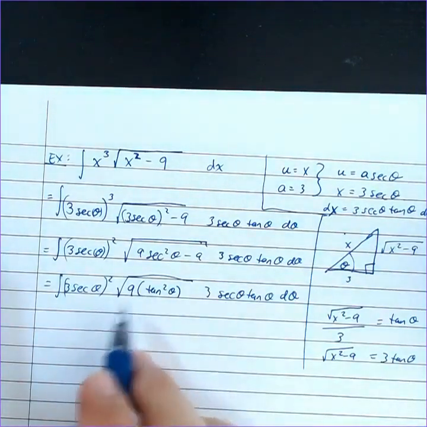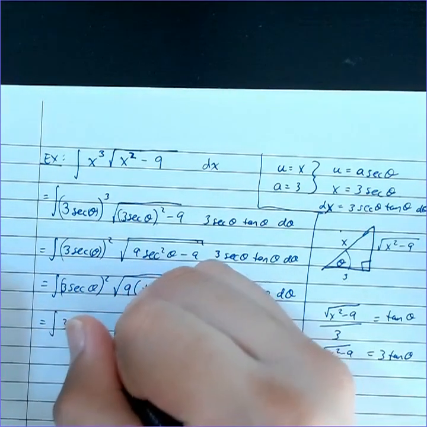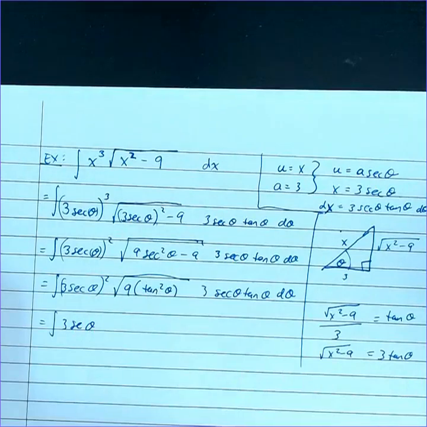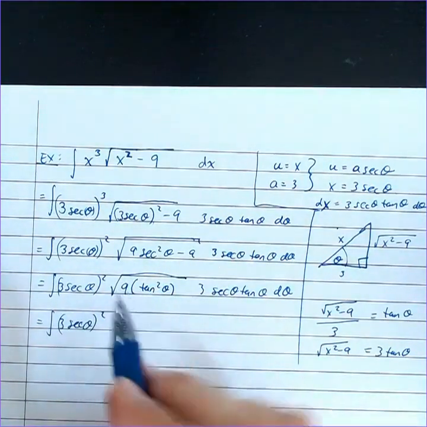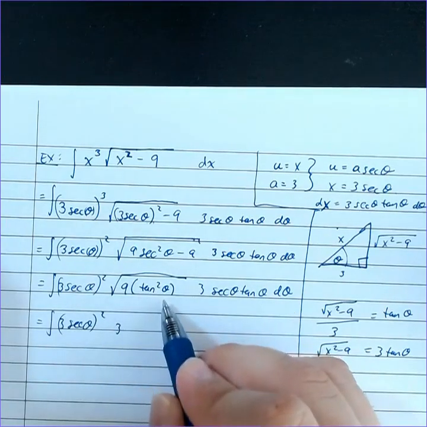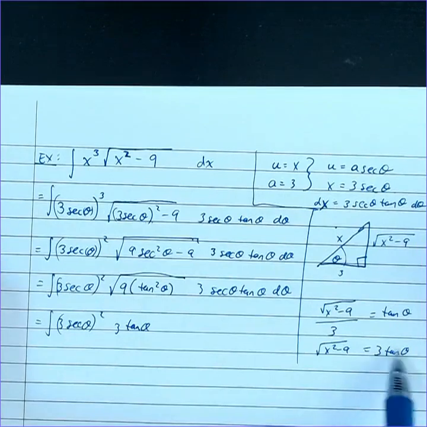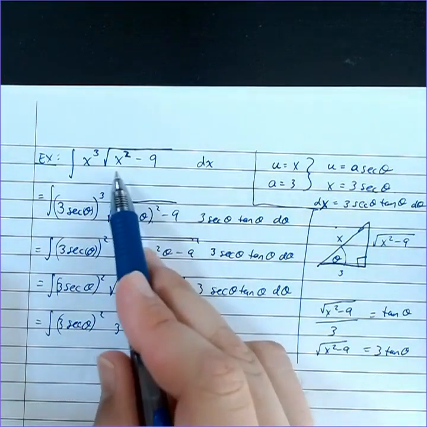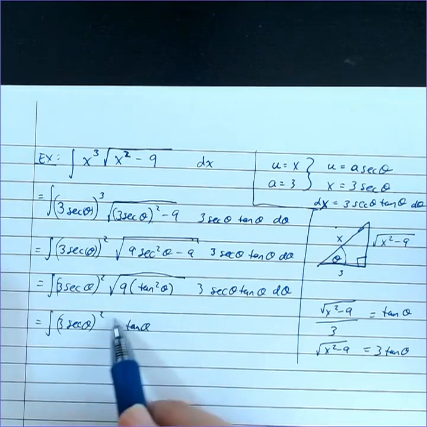Oh, but now that's a perfect square. So if I take the square root, that's going to give me 3 secant of theta, quantity squared. And now the square root of 9 is 3, and the square root of tangent squared of theta is tangent of theta, which was what we were expecting. That square root of x squared minus 9 gets replaced by 3 tangent of theta.